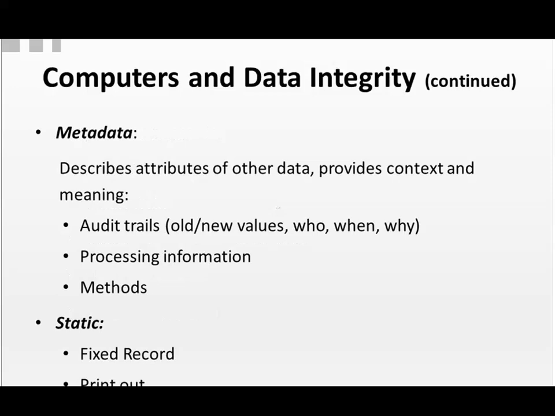It describes attributes of data, provides context and meaning. The audit trails should show the old and new values, who made a change, when they made it, and why they made it. No data should ever be deleted until the end of its retention period. If it's required under retention requirements, then you must maintain that data with integrity.